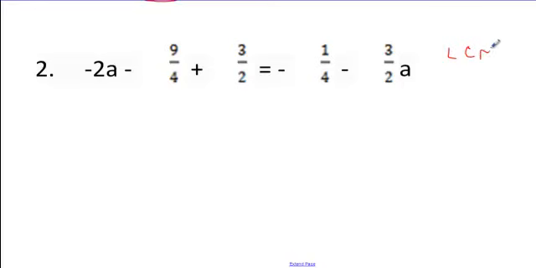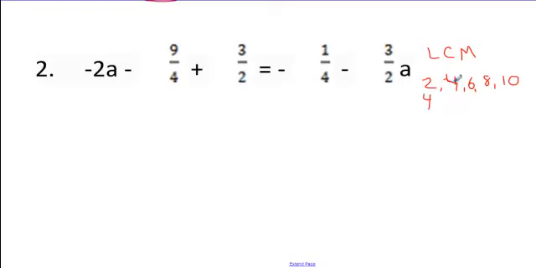LCM, least common multiple. The least common multiple is, take the 2 and the 4, this 2 and that 4, and you can write out a table or a row of values of multiples. 2 times 1 is 2, 2 times 2 is 4, 2 times 3 is 6, then 8, then 10, etc. Well, you could have stopped a while ago.